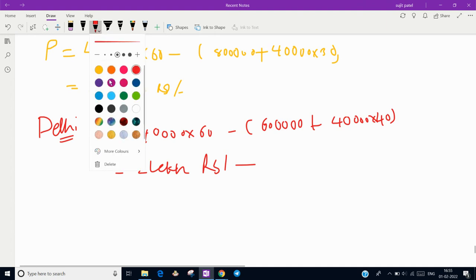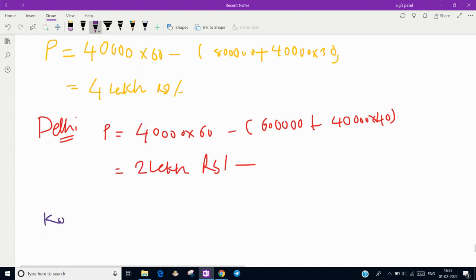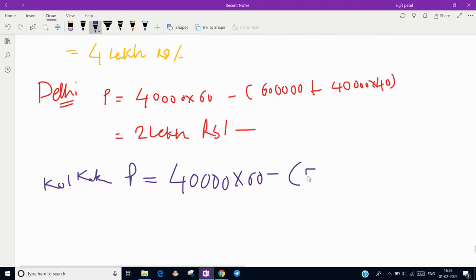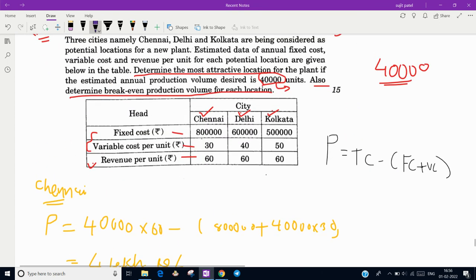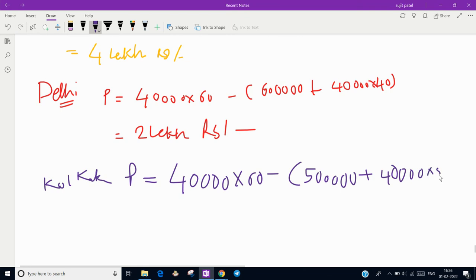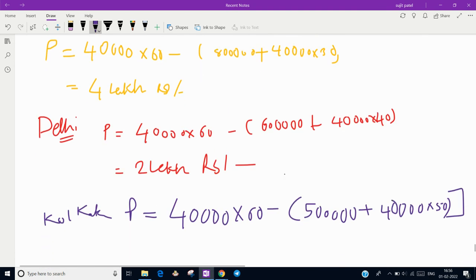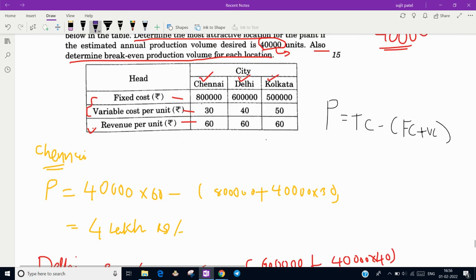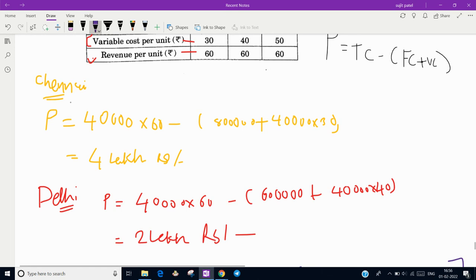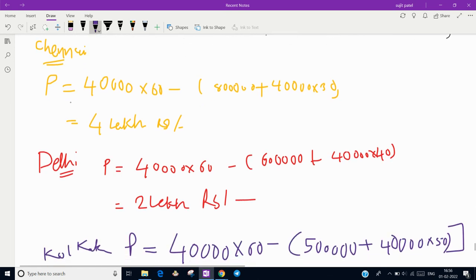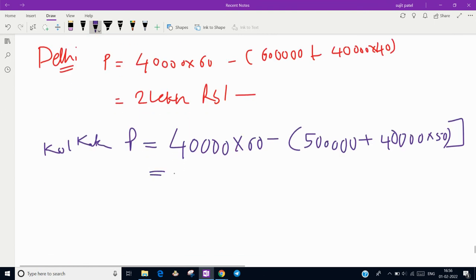Now for Kolkata, we will use purple. Kolkata profit will be 40,000 multiplied by 60, because the selling price is the same, minus the fixed cost for Kolkata, 5 lakh, plus the variable cost, 40,000 into 50. Sorry, the variable cost is 40,000 into 50, which is 20 lakh.